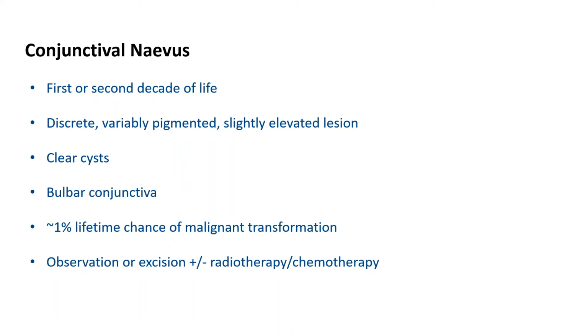If the lesion looks a little suspicious or there is evidence of growth, then I would probably opt for surgery by means of an excision biopsy, and then depending on the result, whether we would have to give anything extra, such as radiotherapy or chemotherapy.